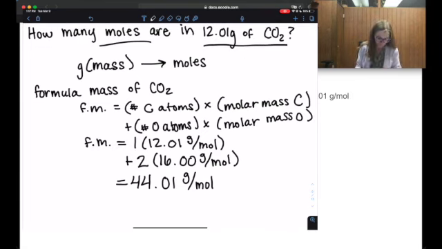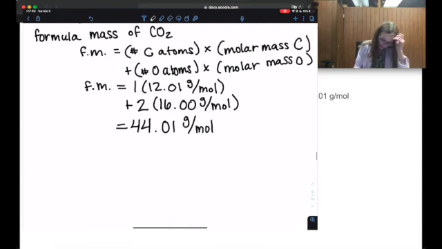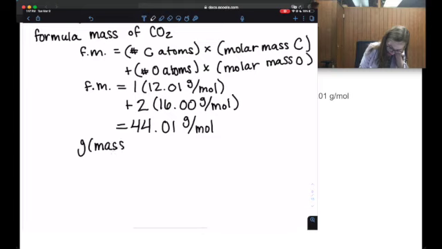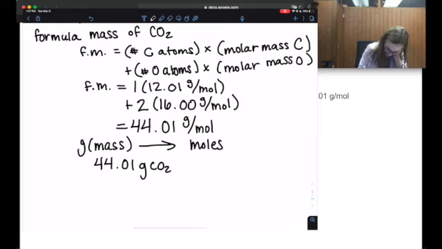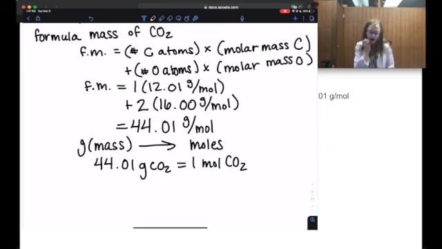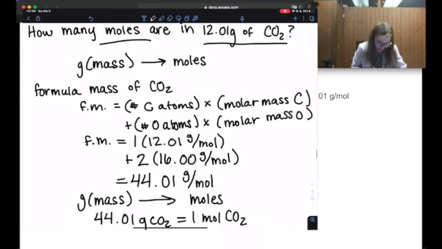So now that I have my formula mass, again, I'm trying to go from grams, which is mass, to moles. I have this relationship that 44.01 grams of CO2 equals 1 mole of CO2. So I think I have the information I need here to solve my problem.